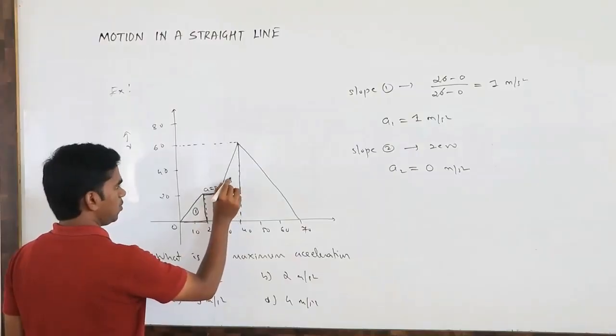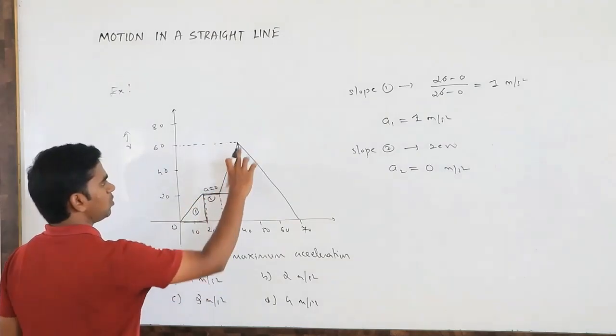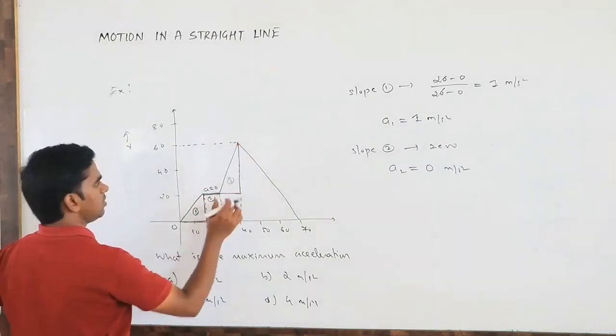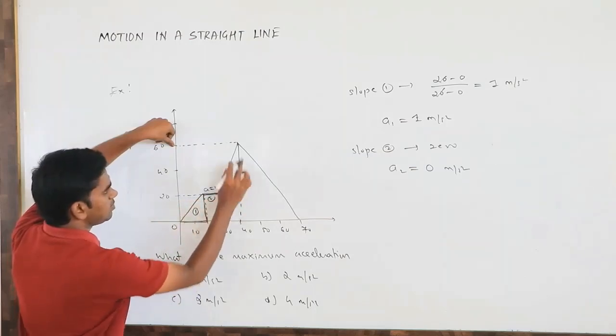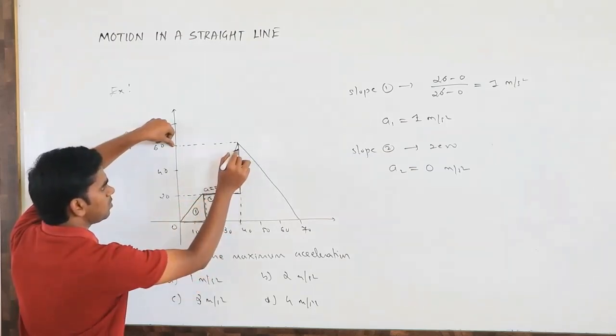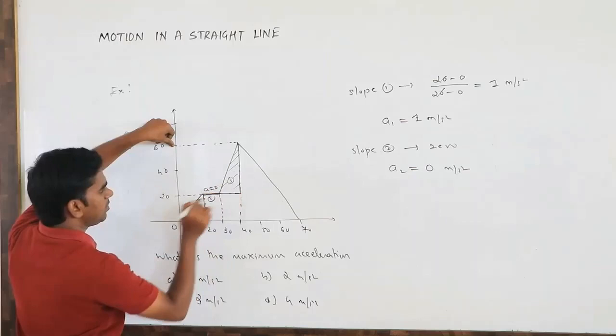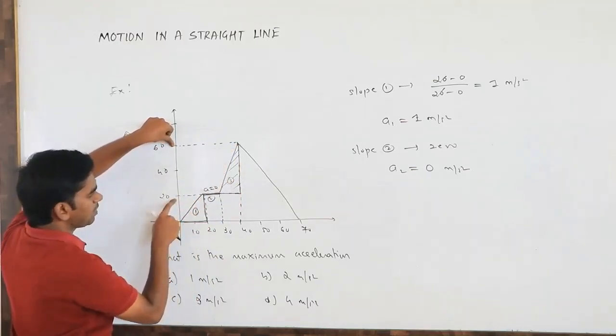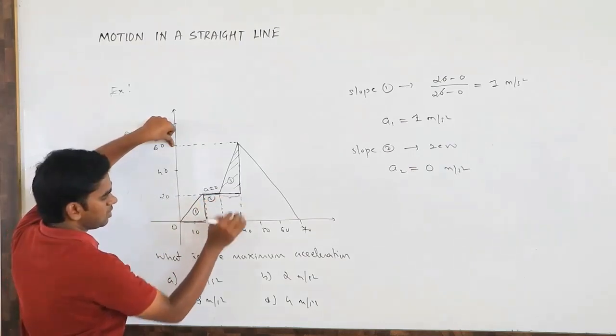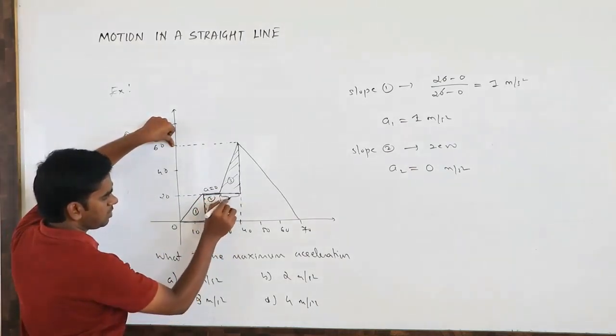So now here slope 3. Slope 3 is what? This divided by this. So from here to here. Okay, this is what slope I am considering. Okay. So slope is 60 minus 20 and this one, 40 minus 30 means 10.